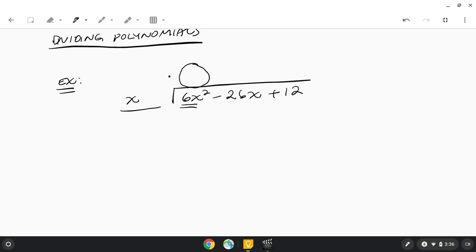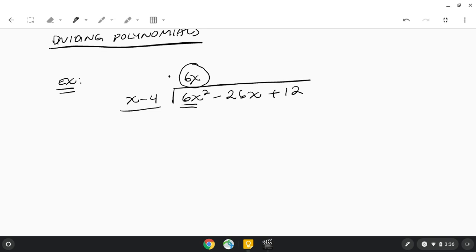That would have to be 6x. X times 6x will give you the 6x squared. Once you figure out this term on top, now we can go ahead and bring back that minus 4.